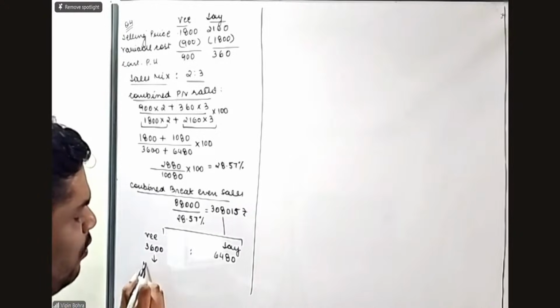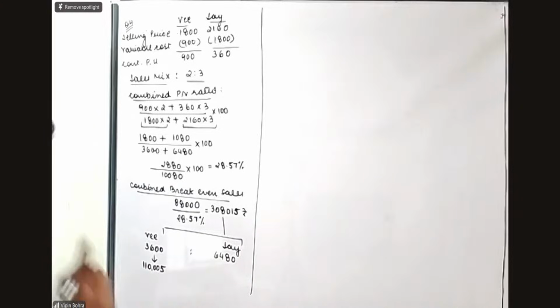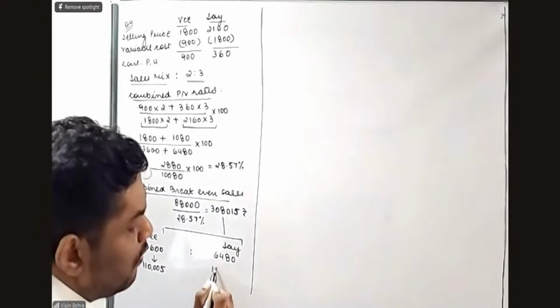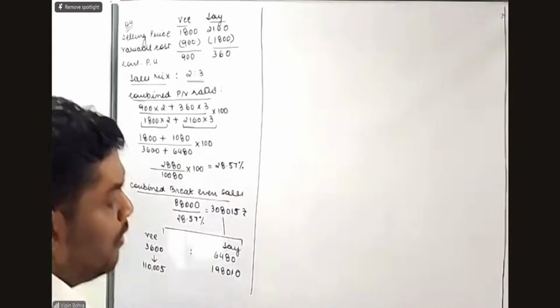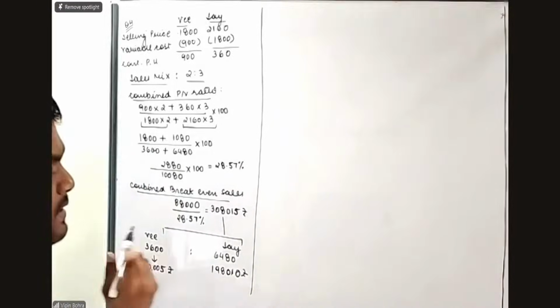So this will be 1,10,005. So this is the individual break-even sales.